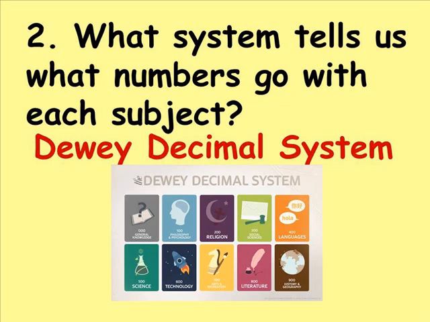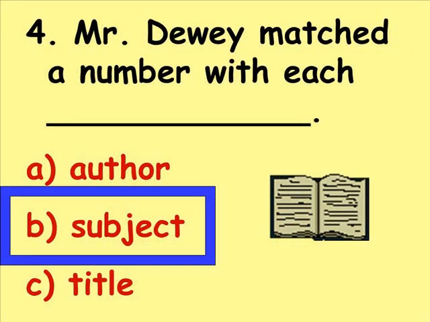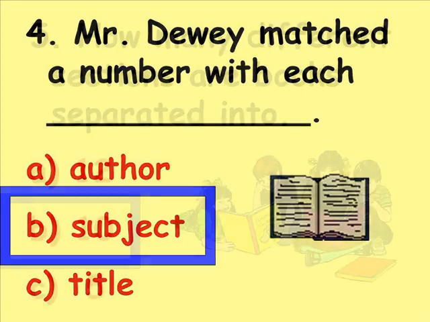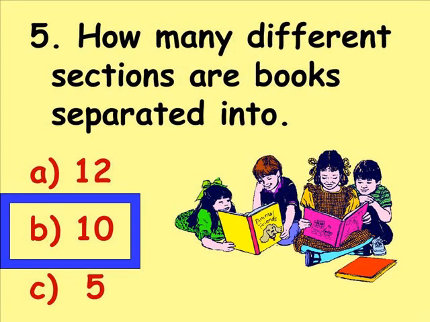What system tells us what numbers go with each subject? The Dewey Decimal System. Mr. Dewey matched a number with each subject. How many different sections are the nonfiction books separated into? 10. There are 10 categories that the nonfiction books are separated into.